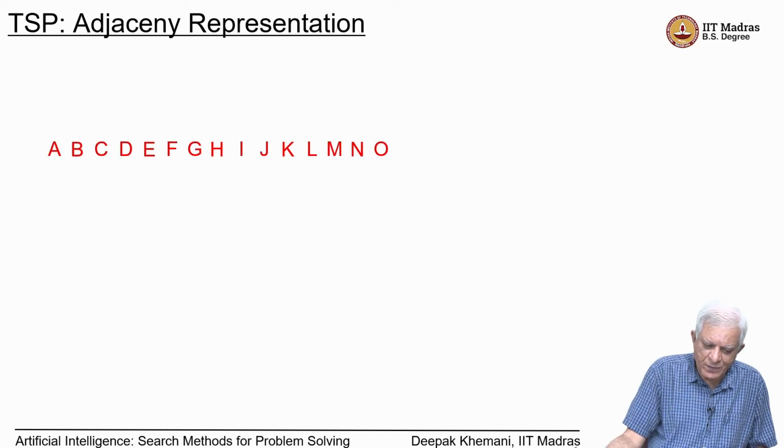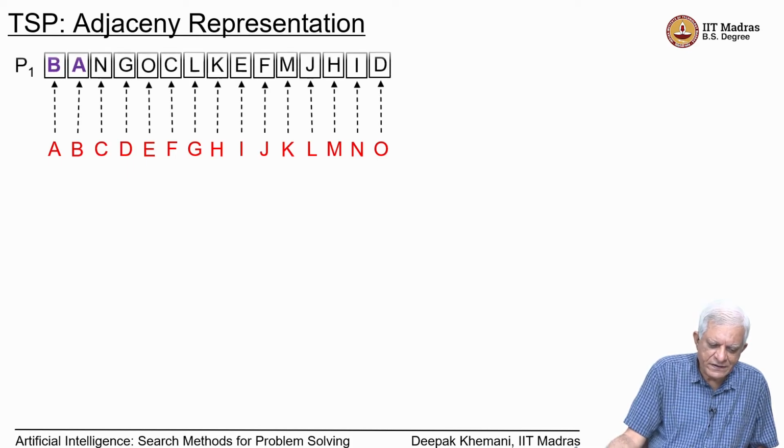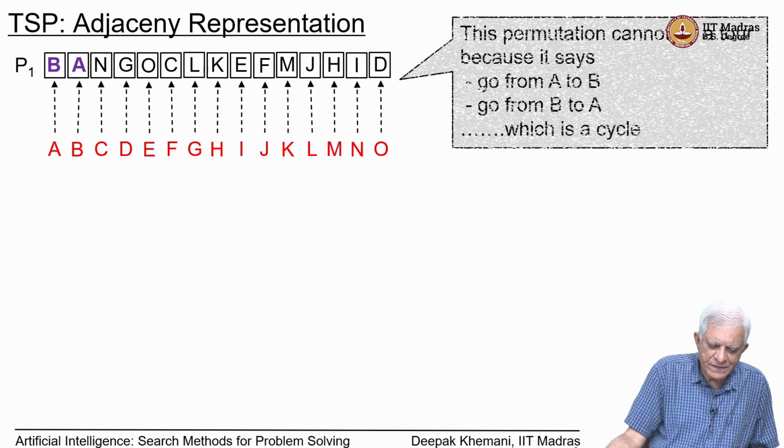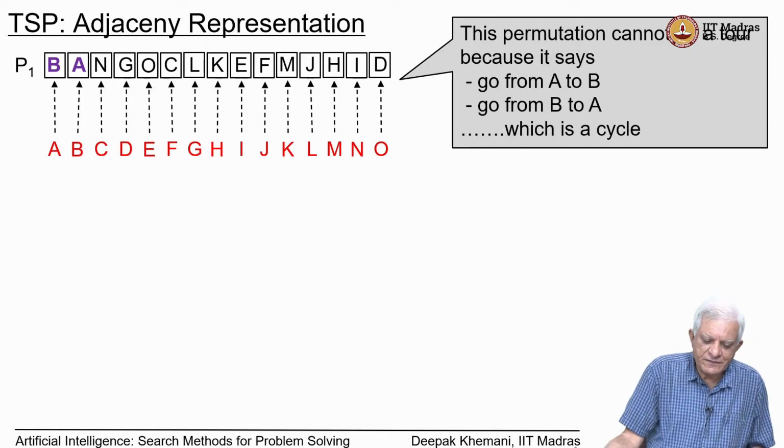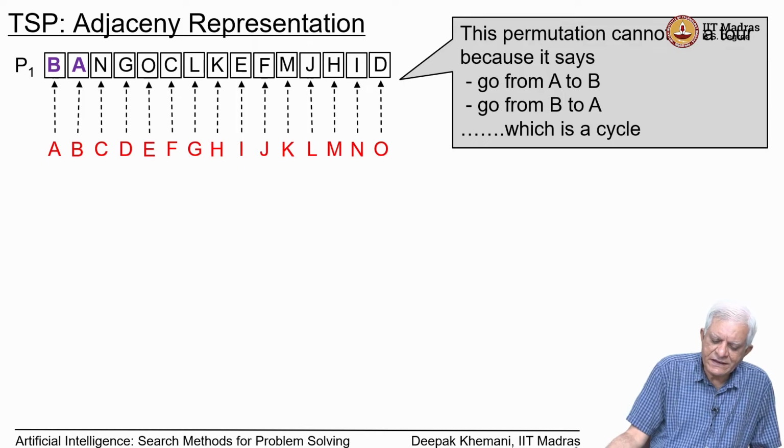So, what crossover operators does the adjacency representation allow us to do? This is the index of the cities, and this is an adjacency representation of a tour. But the problem is that not every permutation of those cities is a valid adjacency representation of a tour.